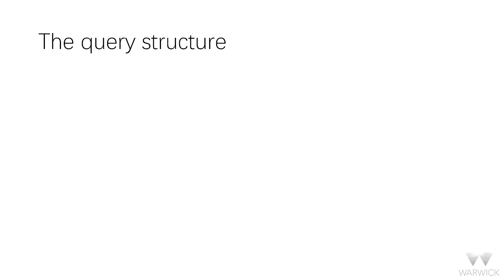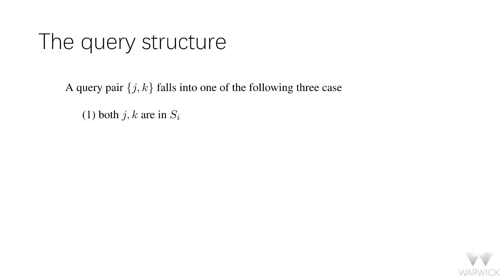Okay, so to do the transformation, let's analyze the query structure. We want to get a standard local decoder from a relaxed local decoder. So let's look at this query structure. A query pair (j,k), we can see that it can fall into one of the following 3 cases. First, both j,k are in S_i. And second, both j,k are out of S_i.